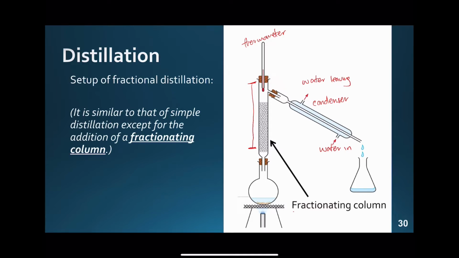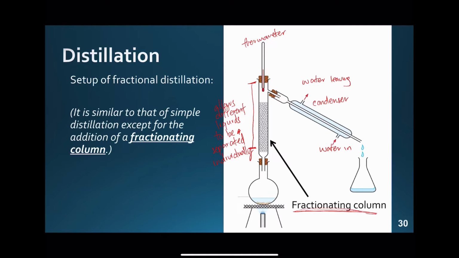This is what I call the fractionating column. The fractionating column is a very impressive apparatus. What it can do is that it allows different liquids to be separated individually, which means that you just need a fractionating column and you can separate out different liquids one at a time.